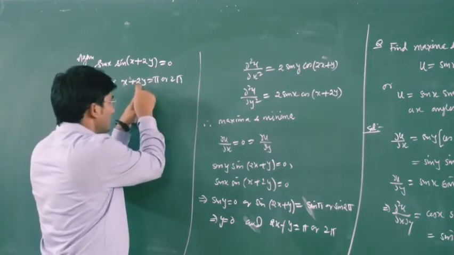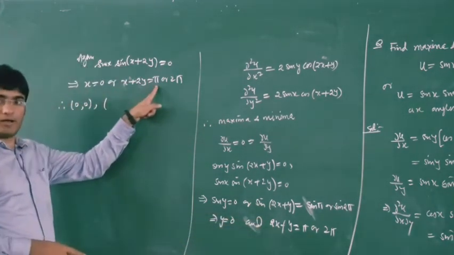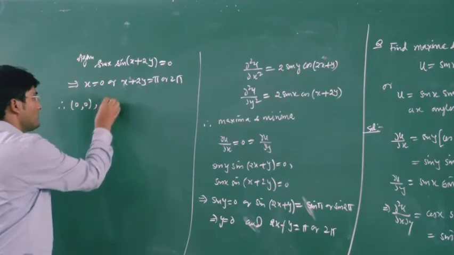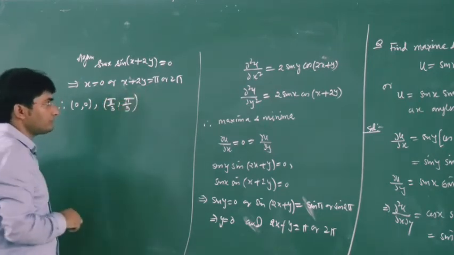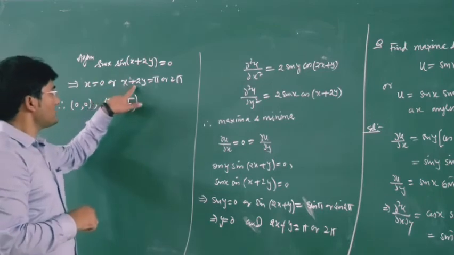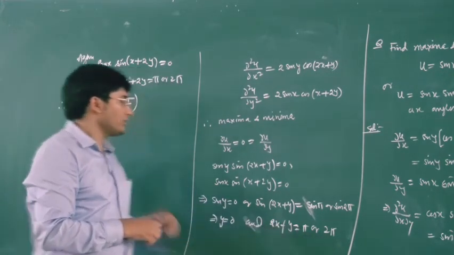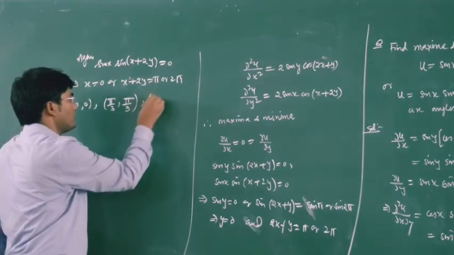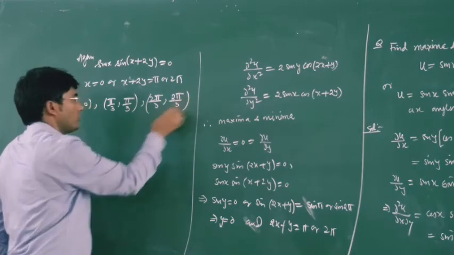So on subtracting from this equation to this equation, we will get 3y equal to pi. So y will be pi by 3, and so we will have x equal to pi by 3 and y equal to pi by 3. Now if we take x plus 2y equal to 2 pi and 2x plus y equal to 2 pi, then we will get x as 2 pi by 3 and y as 2 pi by 3.